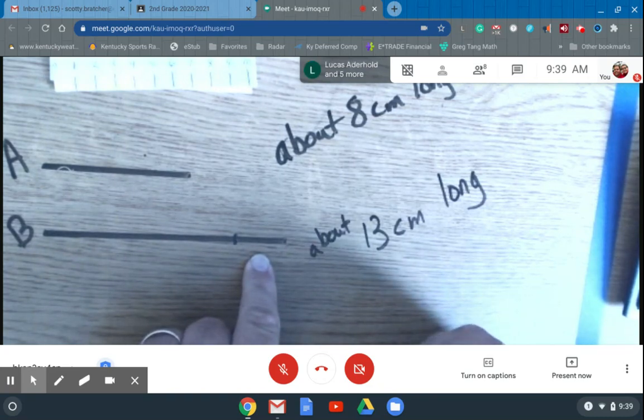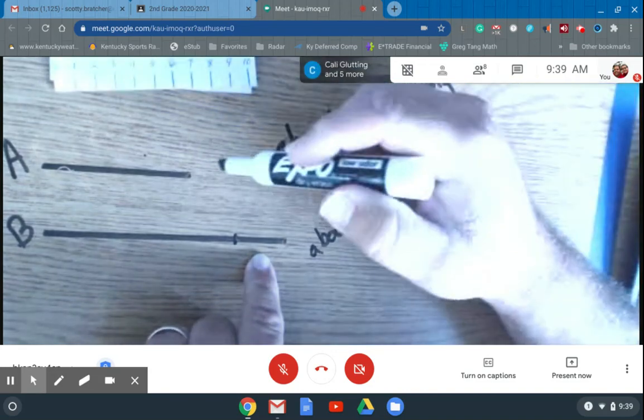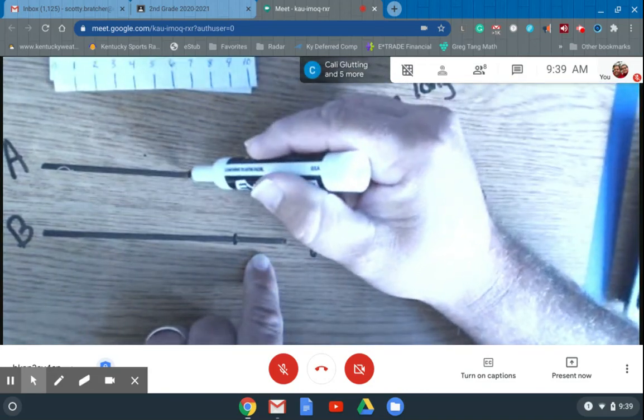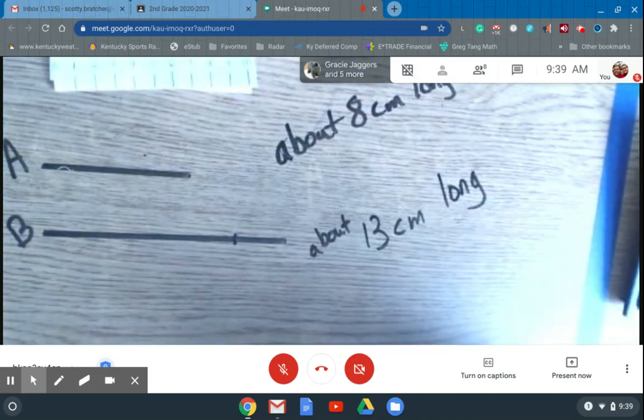So, this kind of goes back to last Thursday or Friday when I did a word problem and I drew two different bars. It's kind of like that. If I can make this string right here, and I'm going to try to use a different color here. If I can find the marker.